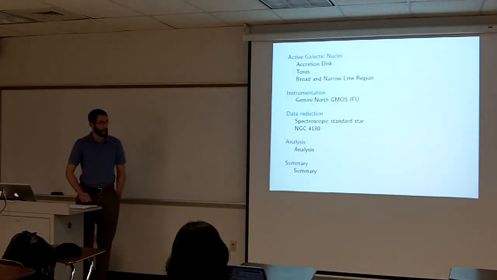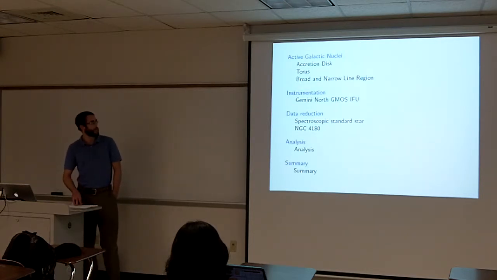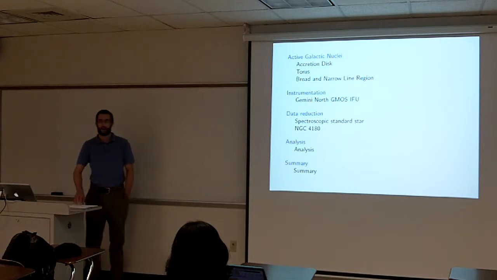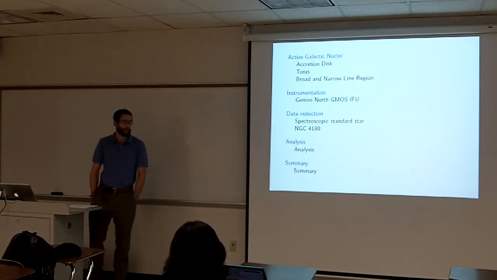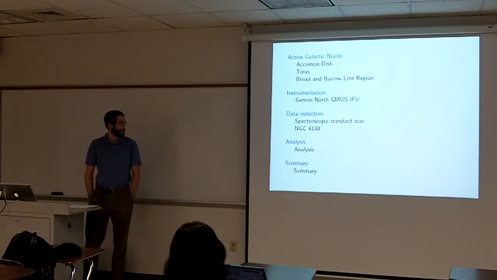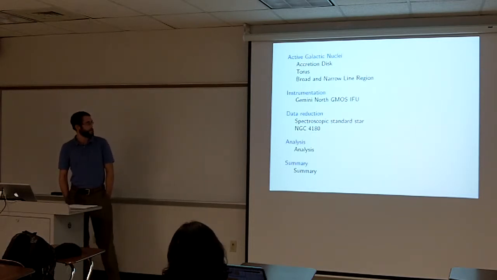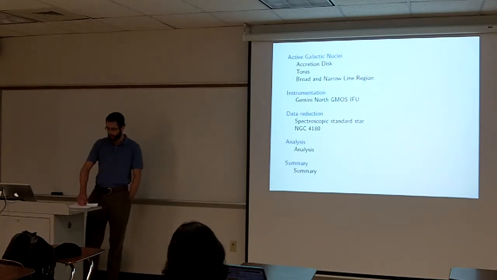So today I'll be discussing the accretion disk, the torus, the broad and narrow line region, and then I'll discuss the Gemini North GMOS IFU, the spectroscopic standard star I reduced, along with NGC 4180, and then I will talk about analysis that I intend to perform in the future.